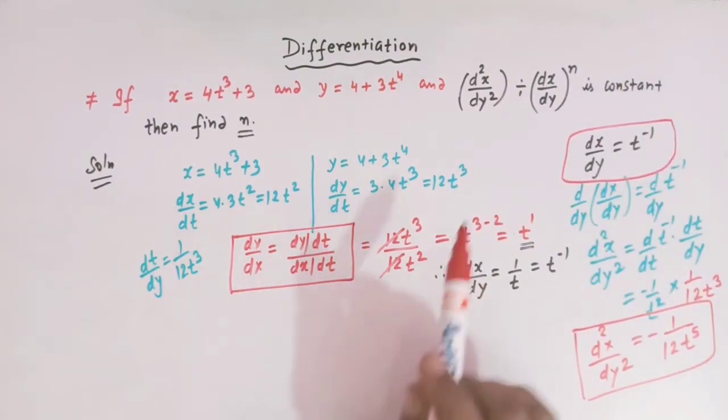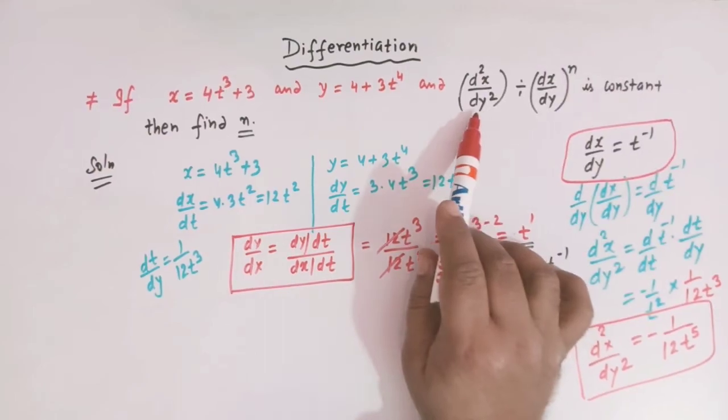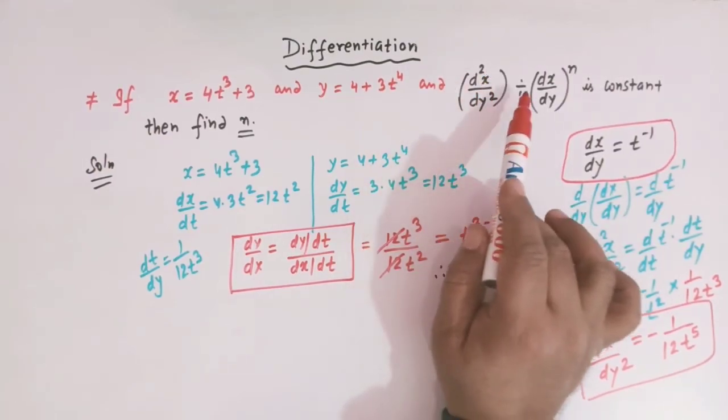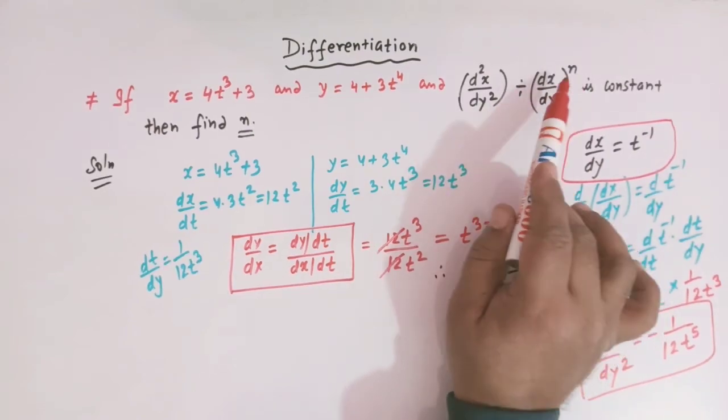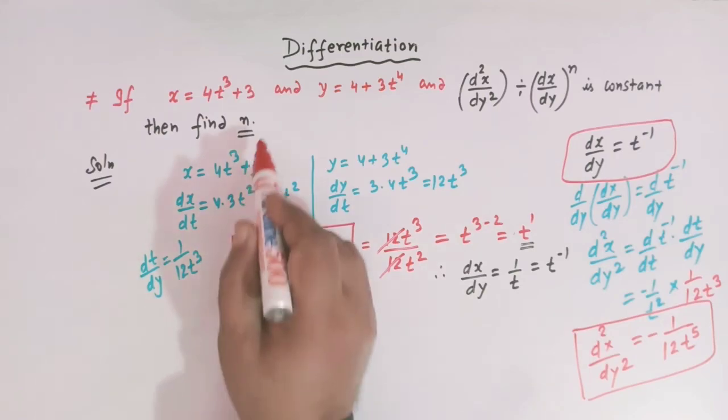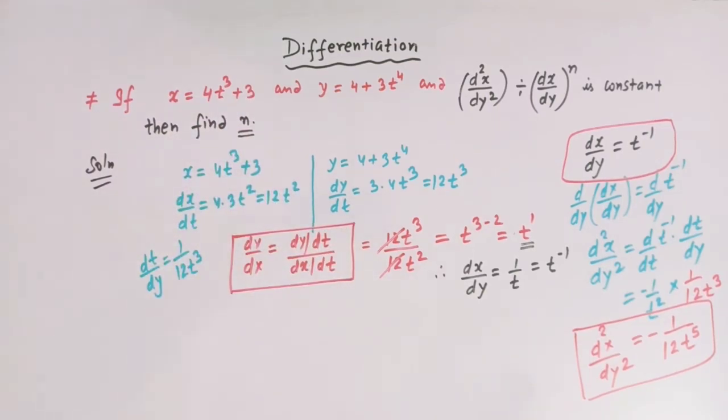Now let us see the condition here. (d²x/dy²) divided by (dx/dy)ⁿ is given to be a constant, and we have to find the value of n.